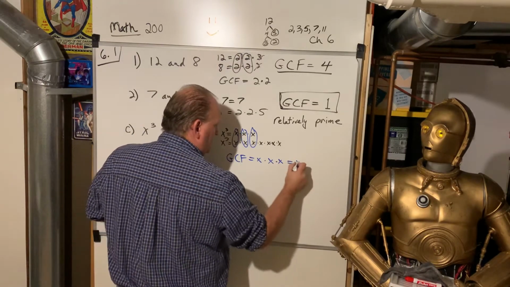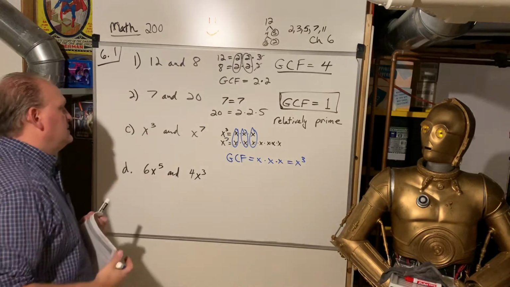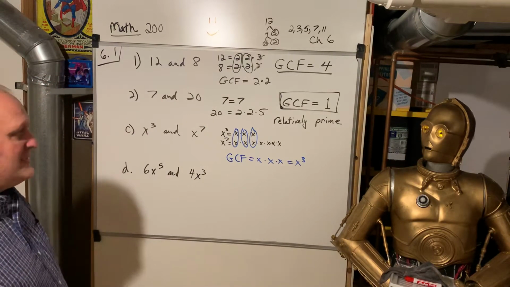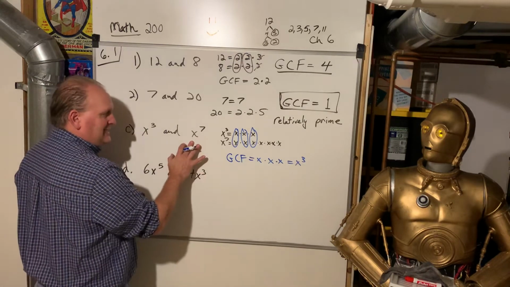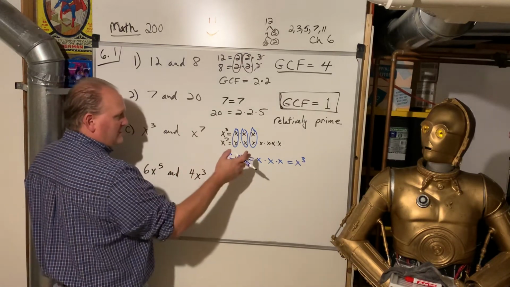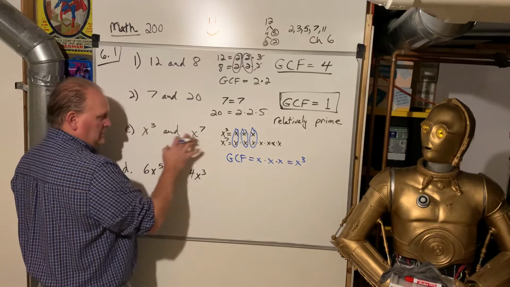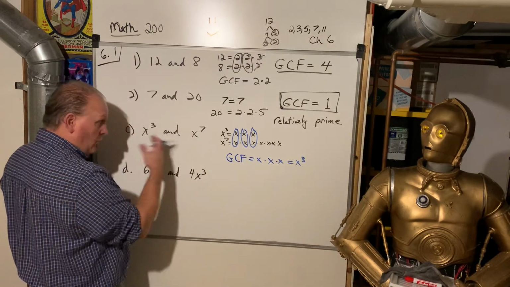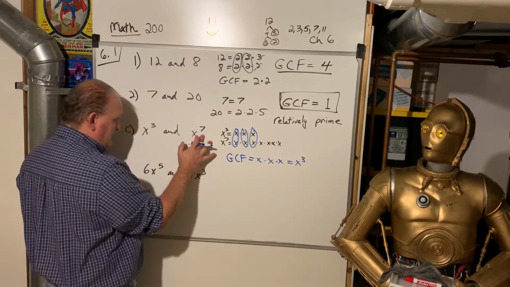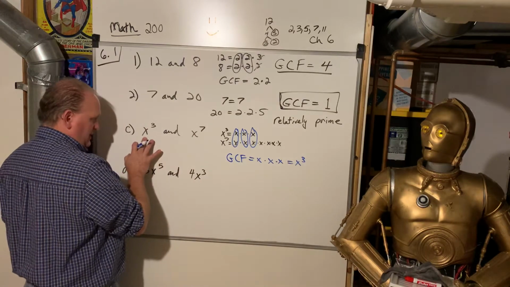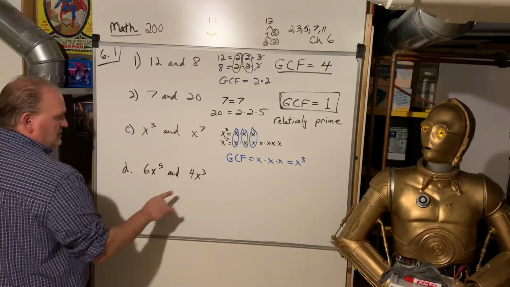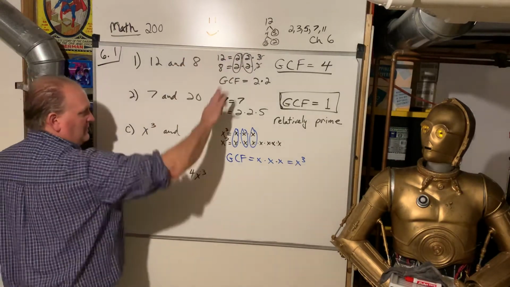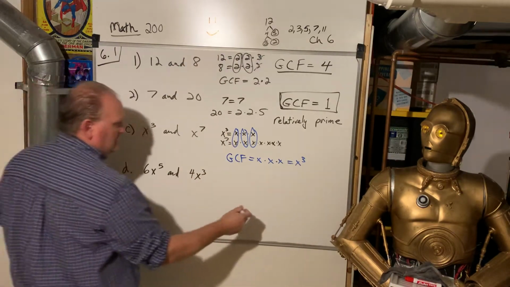That's x to the third. Now there is obviously a quicker way to do this. When you have like bases and you're looking for the greatest common factor, you always take the smaller of the 2 exponents because it's got to go into both of them. If I pick the larger, that won't go into x to the third. So the smaller of the 2. So here, let's do this one without any of the work, and then I'll do all the work also for your notes.